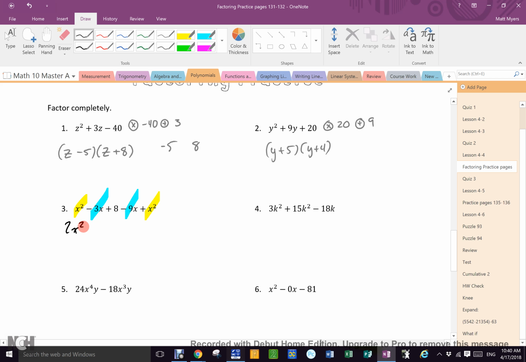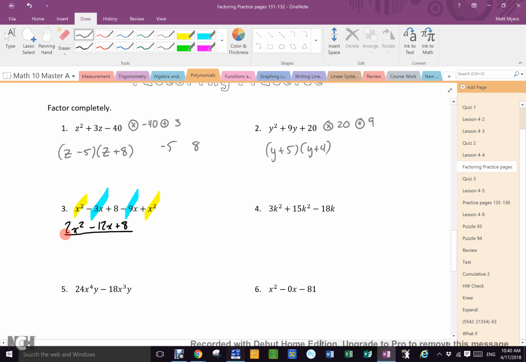How many x's do I have there? No. I have minus 3 and minus 9 more. Which is how many? Negative 12x plus 8. That's a trinomial, but we still don't like its looks, do we? What don't we like about it?